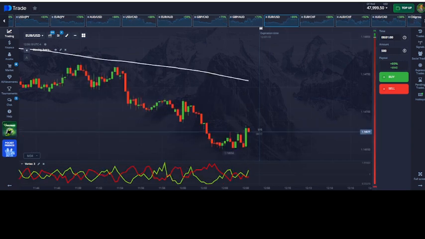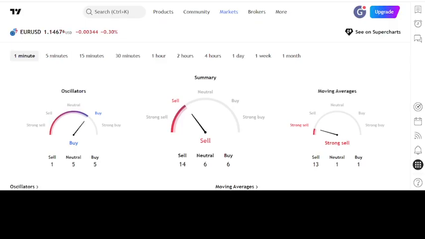Okay, so I'm on the Euro USD. I changed the asset because it went to 89. All right, in any event, it's paying a high rate of return, 89%. So let's go to the technical indicators on the Euro USD here.